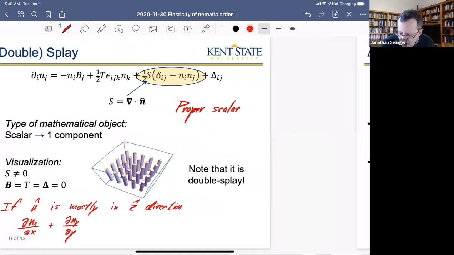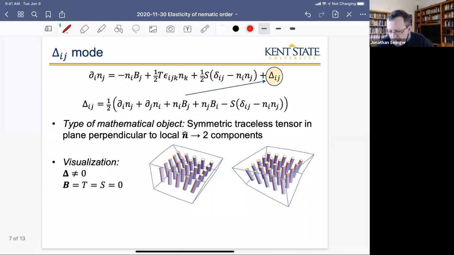Now, there's a fourth mode. The fourth mode does not have a standard name. The fourth mode is not talked about a lot in the liquid crystal literature, but I'm arguing that it is also important. Okay? It does not have a standard name.